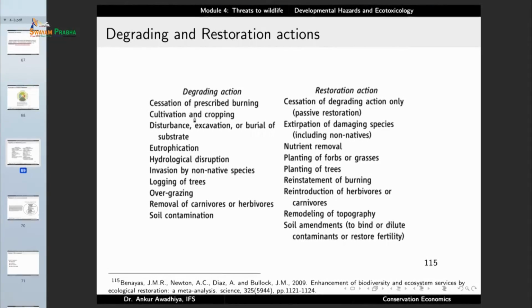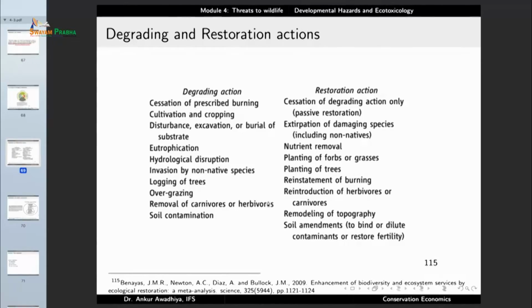That is a restoration action. Remodeling of topography, especially in cases where you have already dug a huge excavation pit or where you have already created huge mounds of waste. So, in that case, remodeling of the topography to ensure that these wastes do not get washed away. That is a restoration action.